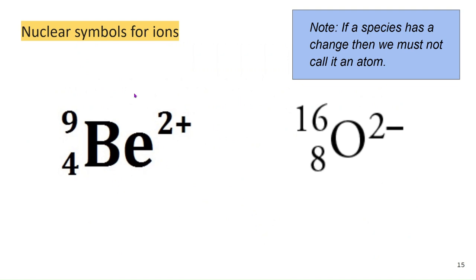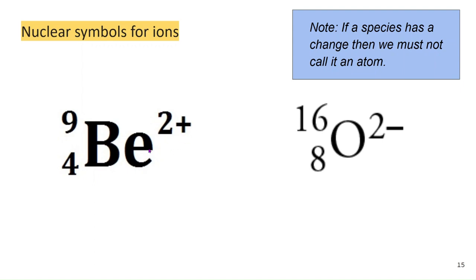So if we're looking at that nuclear notation again, we could think about some other elements in their ionic states, like beryllium, for example. So beryllium has 4 protons. Let's say it has 5 neutrons, so it's beryllium 9, and in this case, it's plus 2, so it has lost 2 electrons, right?